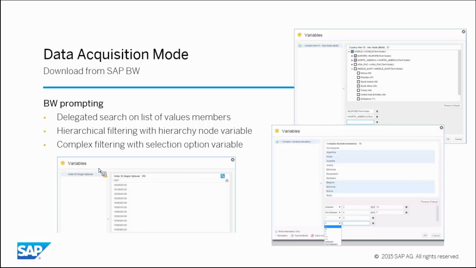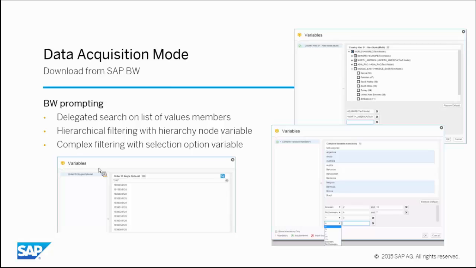So based on your search, you can filter out the list of values which are listed in the prompt screen and select the values. And if there is a hierarchical node associated with the variable, you can navigate the node within the tool and select the values based on which you want to filter.